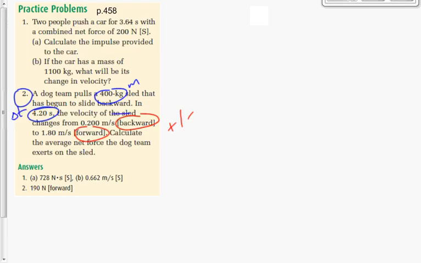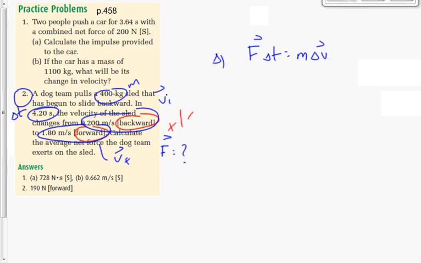We have initial velocity, vi. So on my data sheet, F delta t is equal to m delta v. That's also equal to delta p.